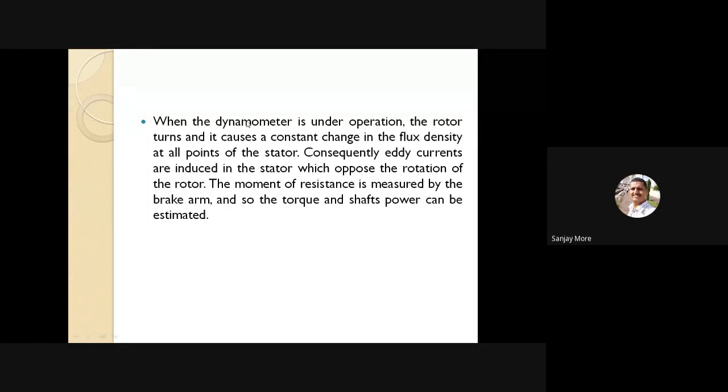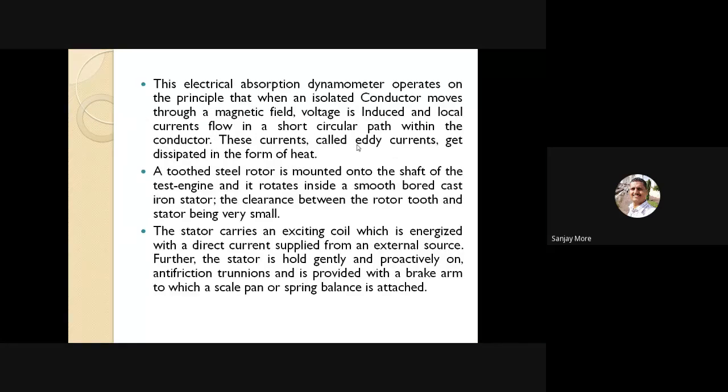Here the dynamometer operates with the help of eddy current. This eddy current opposes the rotation of the rotor, which means it applies the braking system. This resistance is measured with the help of the braking system to measure the torque and shaft power of the engine. Now write down this.